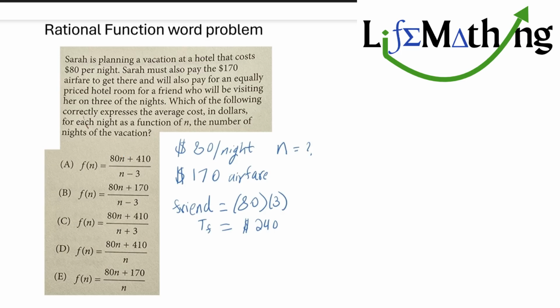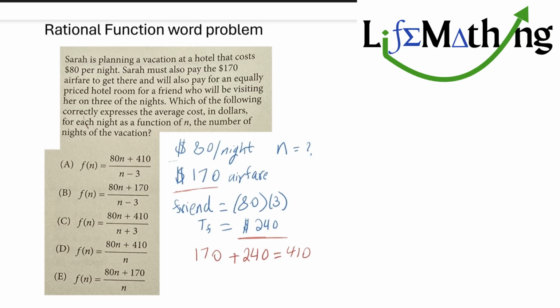So the fact that every equation has the 80 times n is great. It confirms that we have to multiply 80 by n in order to get the total price that she's going to spend per night. At this point, we have to ask ourselves, well, what are the flat fees or costs that she has to pay? The flat fee that we know for sure she needs to pay is the 240 and the 170. We're going to add them up to know what flat cost she has to pay. So we're going to do 170 plus 240.